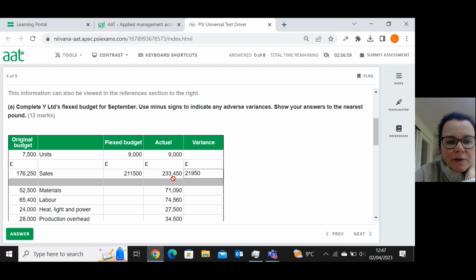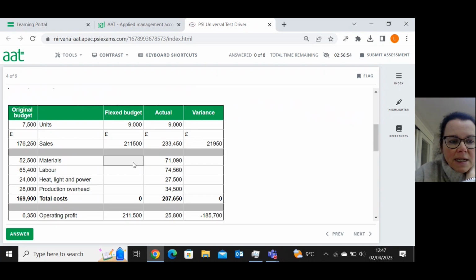It's favourable because we've sold more than we budgeted. Materials is also variable, so we take the original budget figure, divide by 7,500, multiply it by 9,000. And this time we've spent more than we budgeted, so we've got an adverse variance.